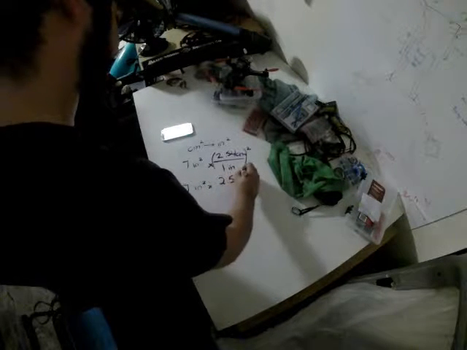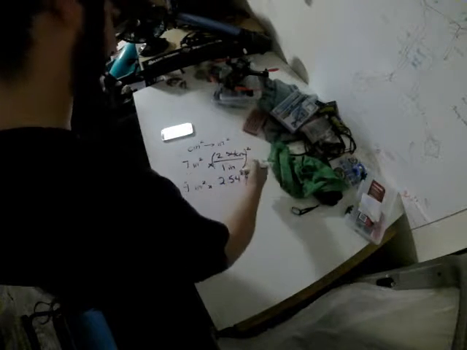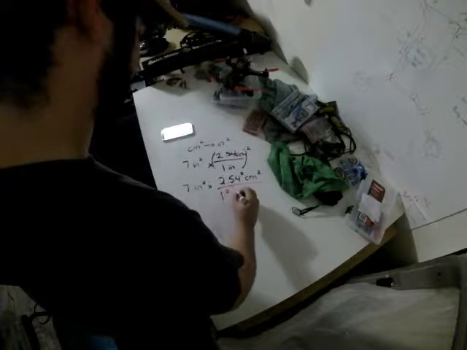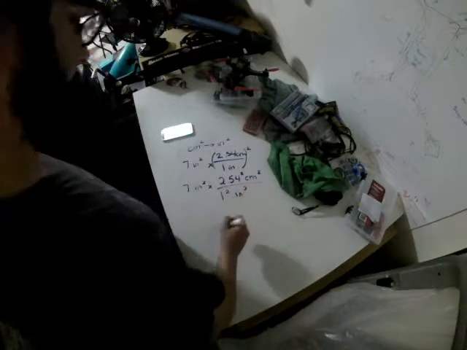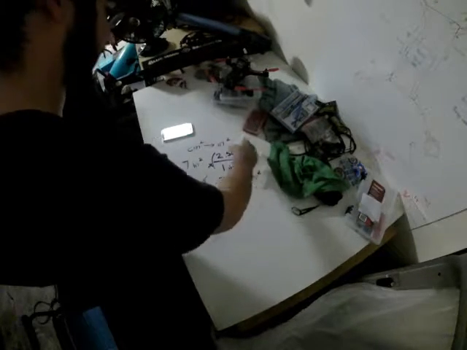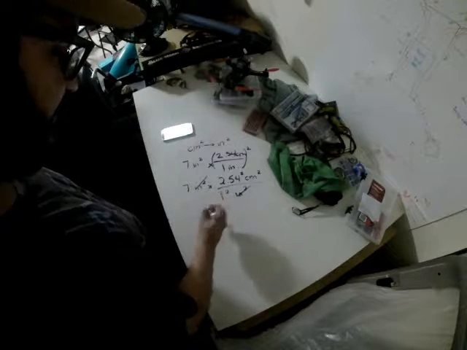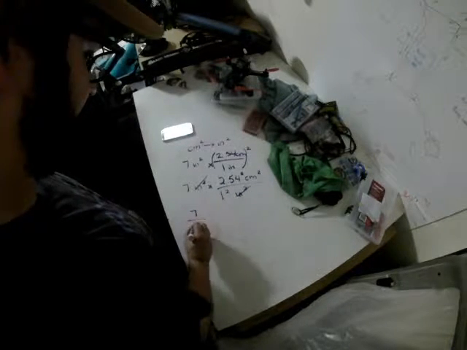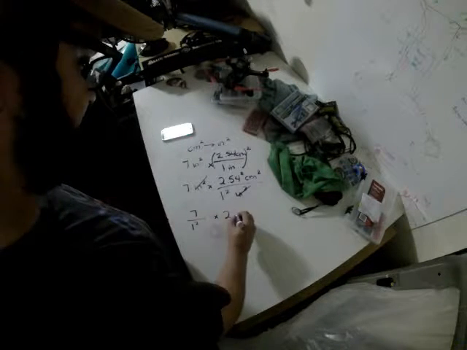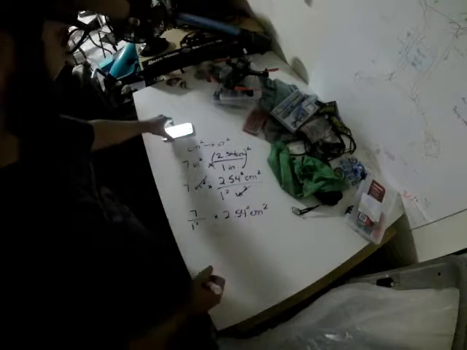Notice how I'm going to square every single term, this 2 gets distributed. If you remember your algebra, that's how that works. 1 squared inches squared. Now we can cancel these, since we've distributed this 2 to each number in this fraction. And this leaves us with 7 over 1 squared times 2.54 squared centimeters squared.